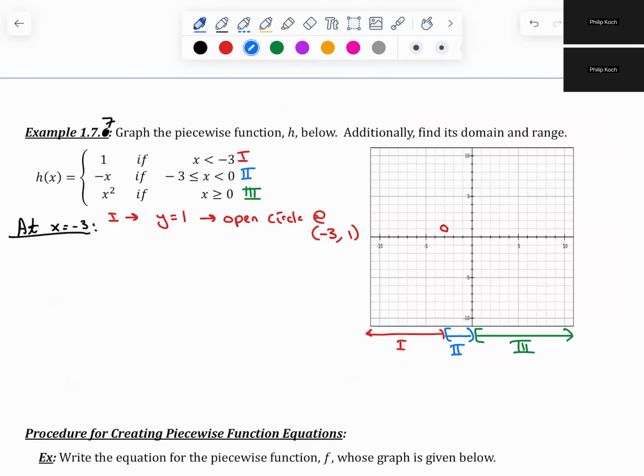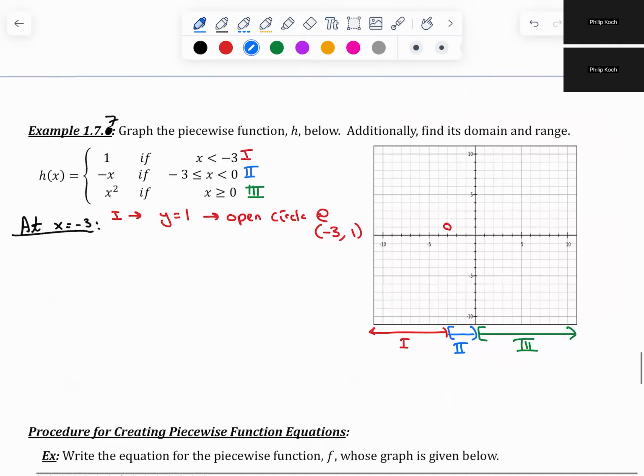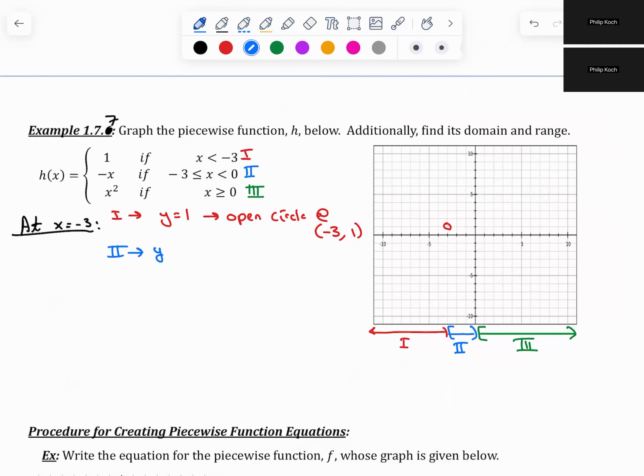And then we also have to plug in that dividing value into piece 2. We won't plug it into piece 3 because -3 is not a dividing value for piece 3. It's only a dividing value for piece 1 and piece 2. So for piece 2, y will equal -(-3), so that's going to be equal to 3.